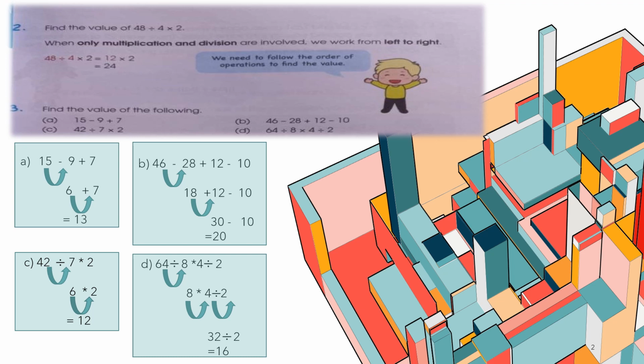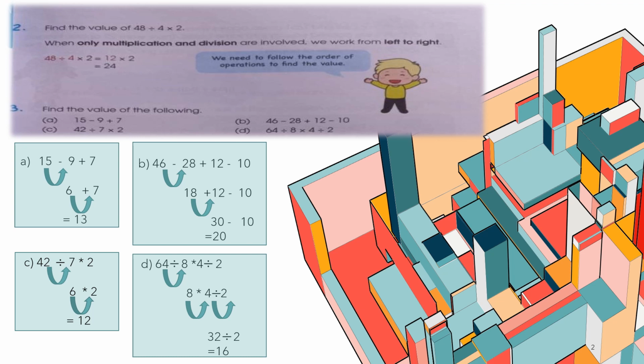For part C, we have to divide 42 by 7 and then multiply it by 2. Again, solving from left to right, we first divide 42 by 7 and our answer is 6, which is then multiplied by 2, and the answer is 12. For part D, we have 64 divided by 8 multiplied by 4 divided by 2.